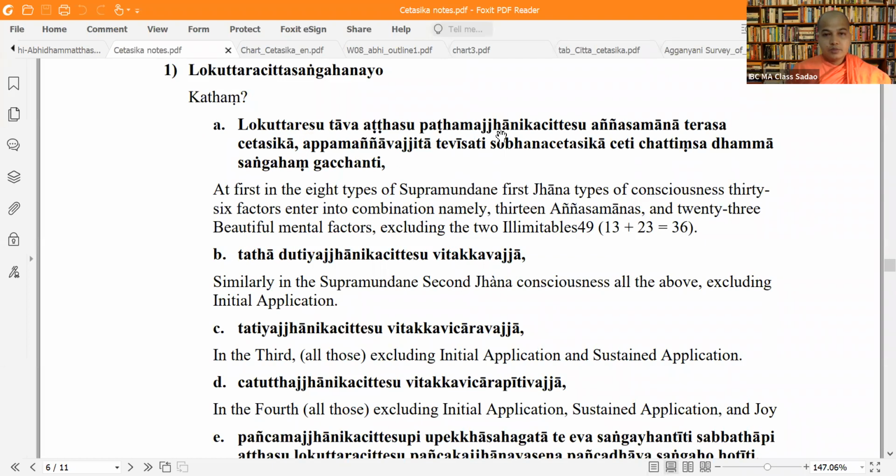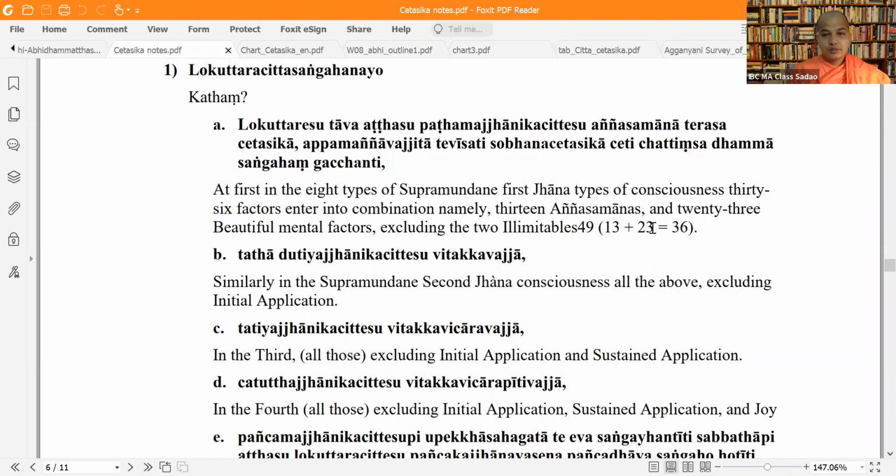Lokuttaresu Tava Attasu Patama Jhanika Chittesu Anya Samana Terasa Chetasika Appamaya Vajjita Tevisati Sobana Chetasika Cheti Chattingsa Dhamma Sangahan Gachanti. At first, in the 8 types of supramundane first jhana types of consciousness, 36 factors enter into combination, namely 13 anyasamanas and 23 beautiful mental factors, excluding the 2 illimitables.